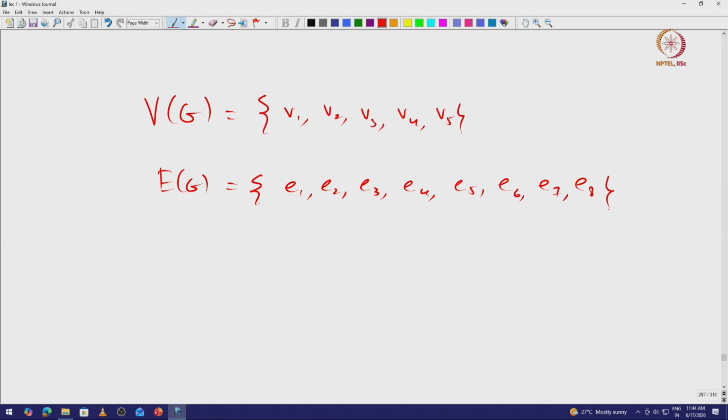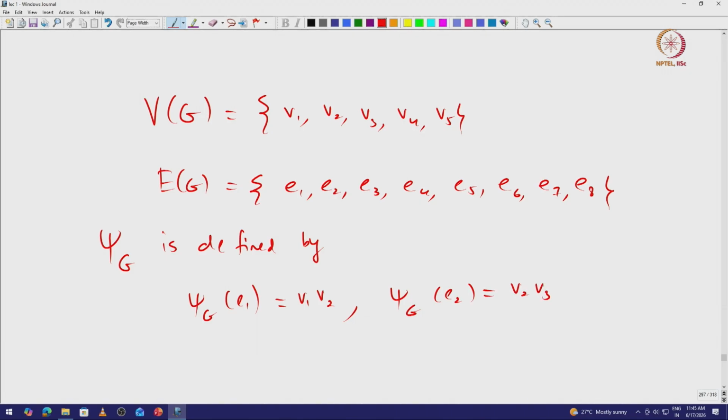Now we need to say what the endpoints of each edge E1 to E8 are. The incidence function is defined by taking the endpoints of E1 to be V1, V2, psi G of E2 to be V2, V3 and so on, and psi G of E8 is given by V2, V5.